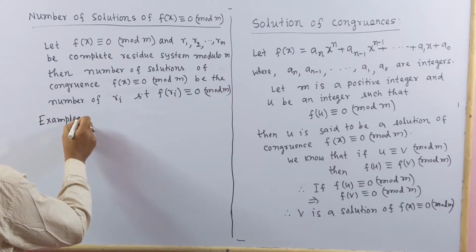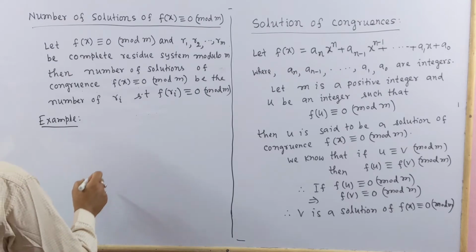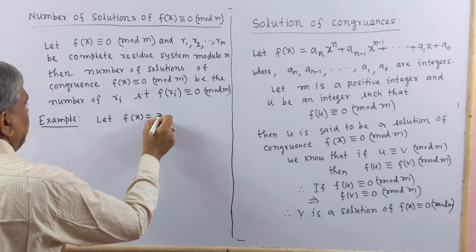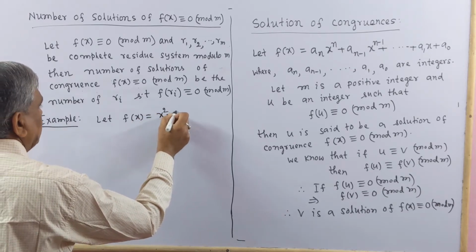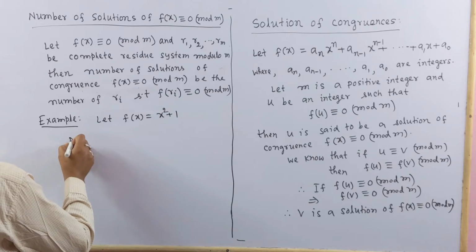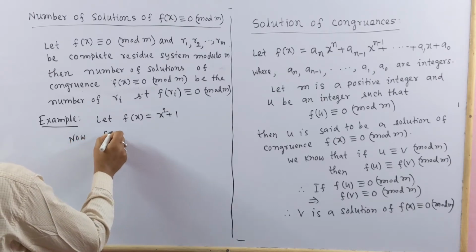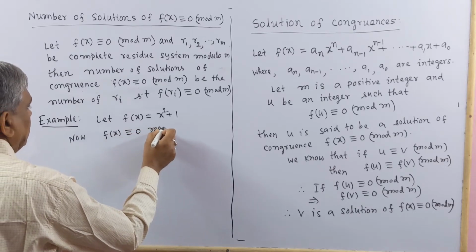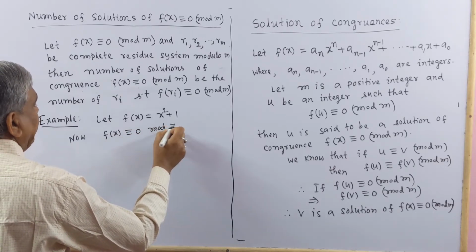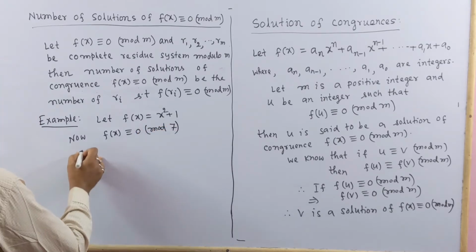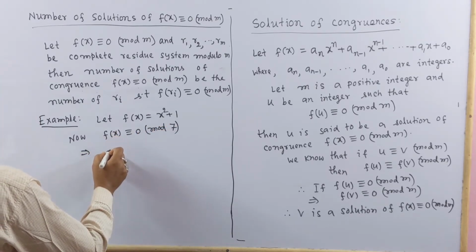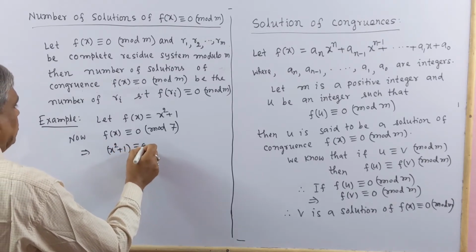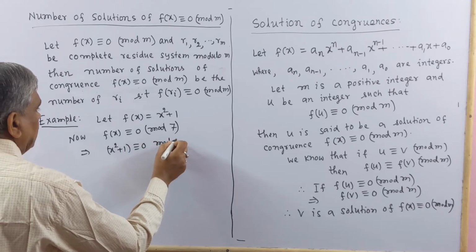Example: let f(x) equal to x square plus 1. Now, f(x) congruent to 0 modulo 7 implies that x square plus 1 is congruent to 0 modulo 7.